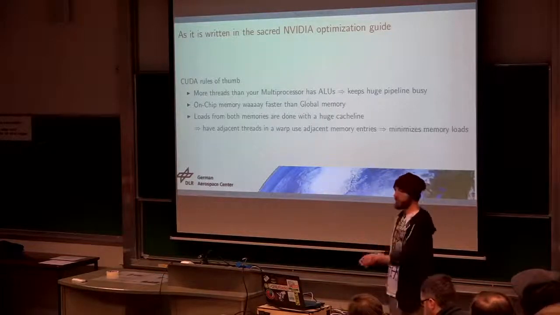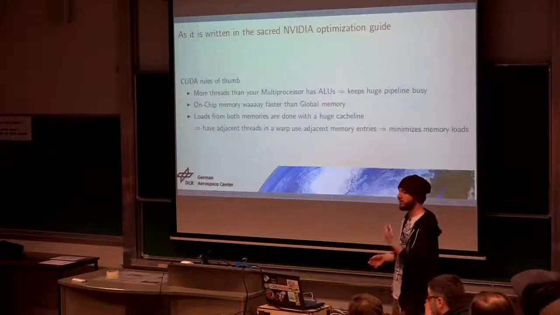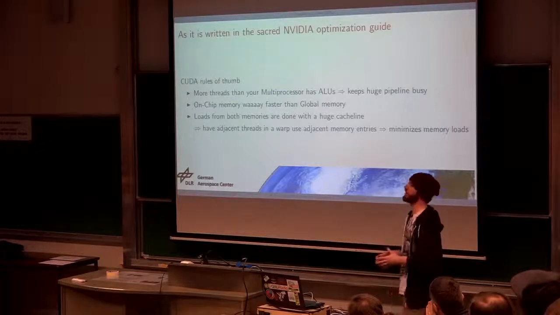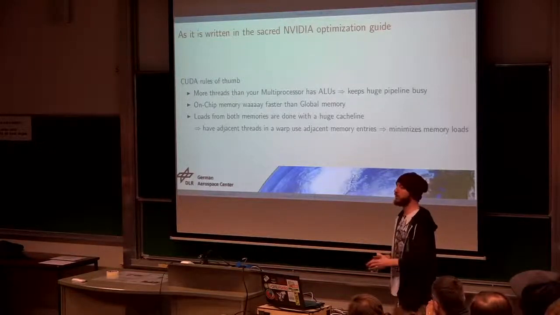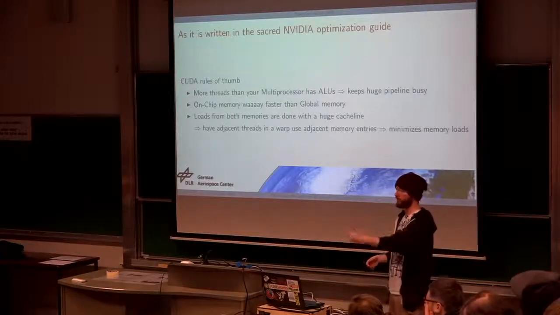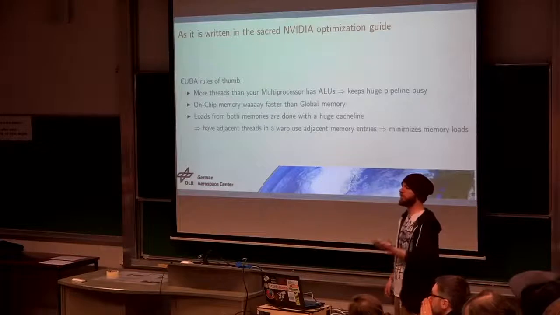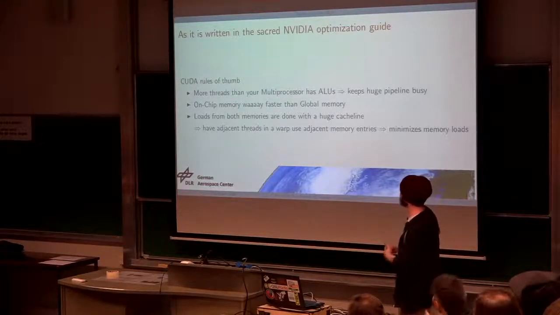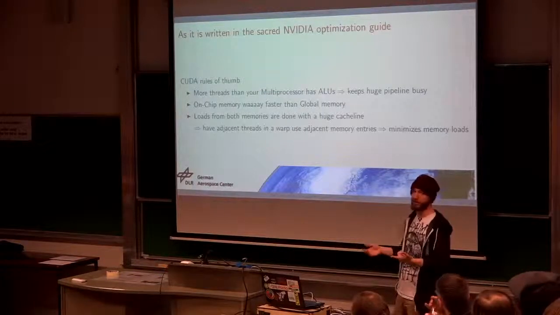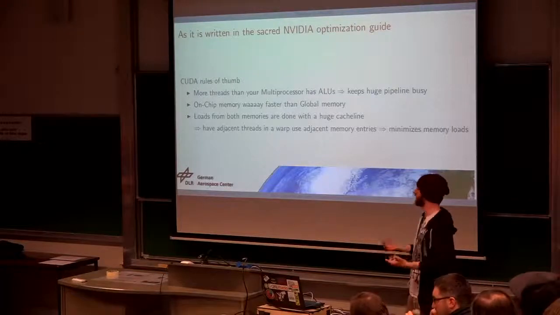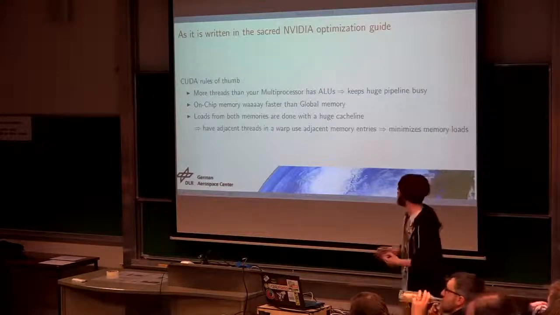So if you keep the pipeline busy by having more threads than you have cores, you gain something. As already said, the global memory is super slow, so the first thing you want to do after you transition your data from your host to the GPU, which goes into global memory, is transfer all the hot stuff that you need to use frequently to the on-chip memory, which you can configure either as a cache, as this L2 cache, or as this CUDA shared memory.